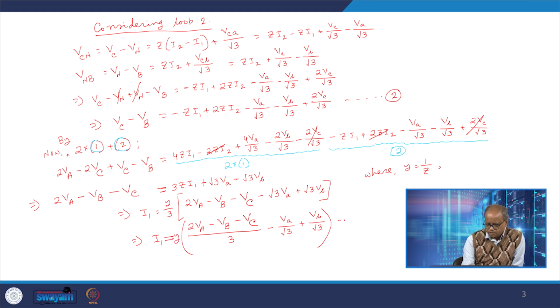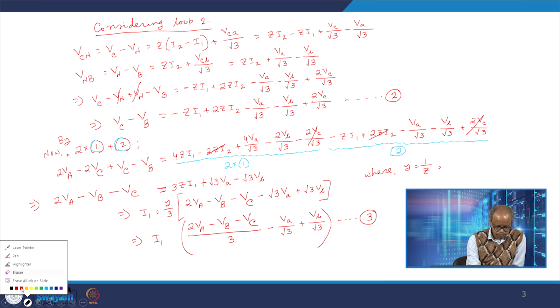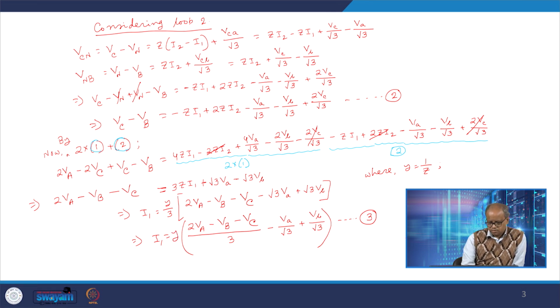So this is my equation 3. So I1 is equal to this. So we have solved for I1. Similarly, we have to solve for I2. So let us solve for I2.